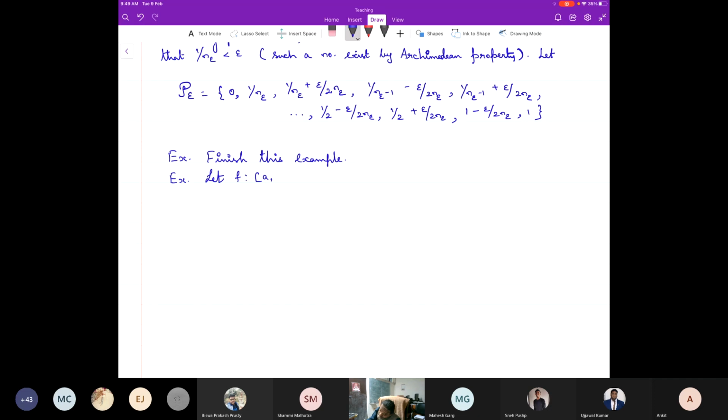Let f from [a,b] to R be a bounded function with at most finitely many discontinuities.